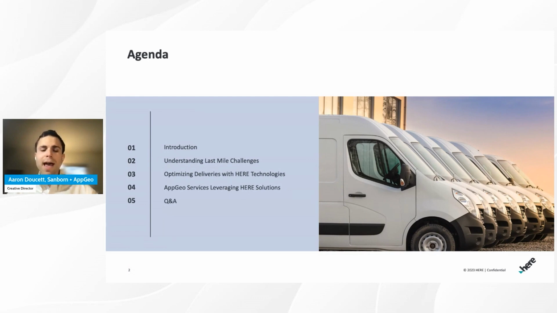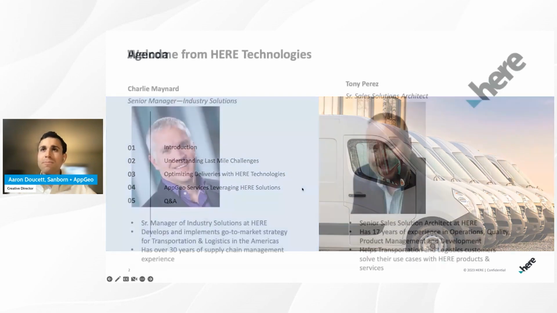We're going to be looking at the tools that HERE offers to address those challenges. And lastly, we're going to talk about how AppGeo and Sanborn can address some of those challenges as a HERE partner in getting you started. And last but not least, we're here for a Q&A session with our panel of experts.